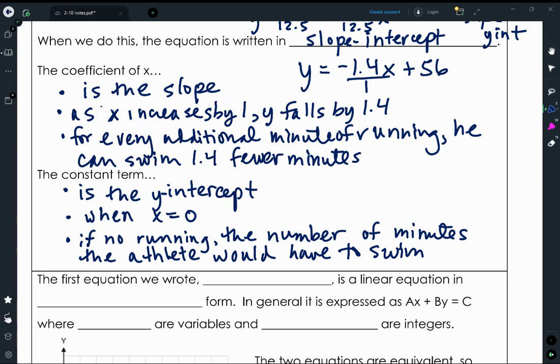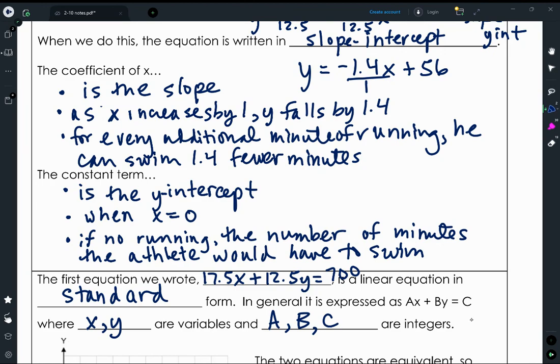So the first equation we wrote, 17.5x plus 12.5y equals 700, I have it memorized by now, is a linear equation in standard form. We rearranged it to come up with slope-intercept form, but to start out with it was in standard form. In general, it is expressed as ax plus by equals c, where x and y are variables, and a, b, and c are integers.